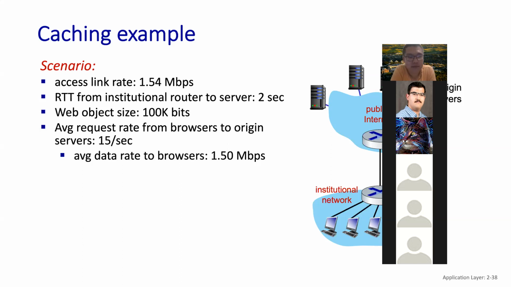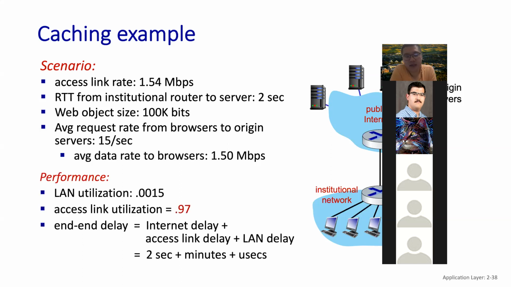Sorry about that, I'm wrong. It should be 15 requests per second. That means every second, 15 requests are sent, and every message is 100K bits. So totally 100K times 15, which is 1.5 megabits per second, the average data rate.